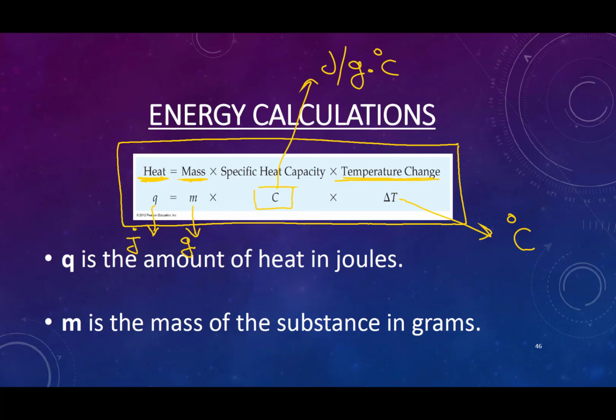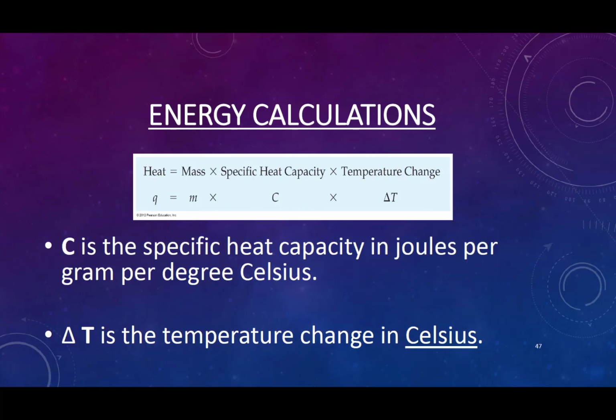So we keep the unit for specific heat capacity as is. It's always joule per gram degree Celsius. But for the other three, you need to change it if it does not match the unit for specific heat capacity. Delta T is the change in temperature, and delta T is usually T2 minus T1.